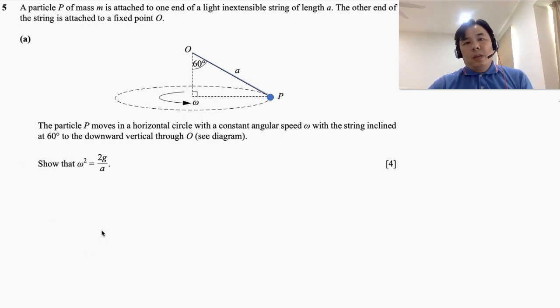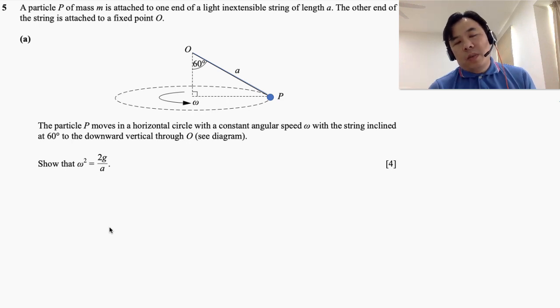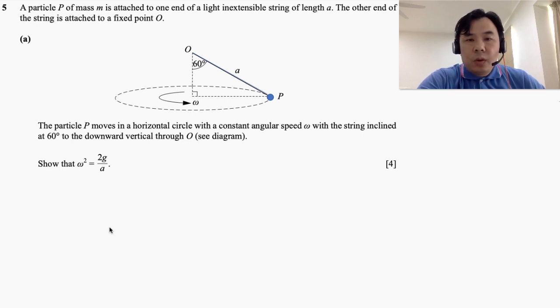For circular motion, there are two principles that we usually use: Newton's second law, and sometimes conservation of energy, but conservation of energy is usually used for vertical circular motion. For horizontal, we usually only need Newton's second law. As usual, you must label all the forces acting on the system first.